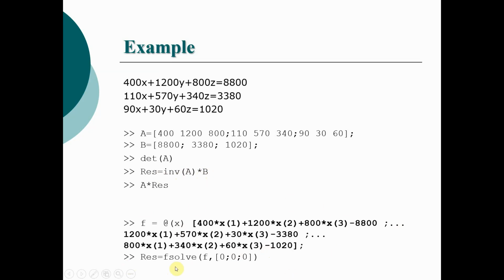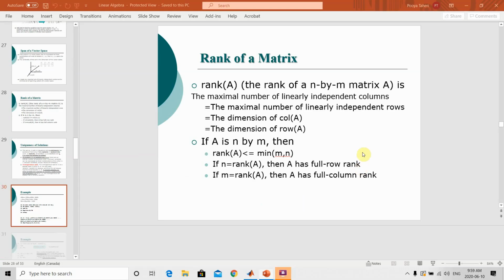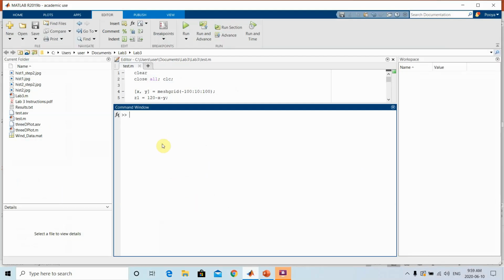First, let's see if we can determine whether this system of equations has any solution or how many solutions it has. So let me write down the coefficients, and then we go to MATLAB to see if we can determine how many solutions we have. So let's switch to MATLAB.